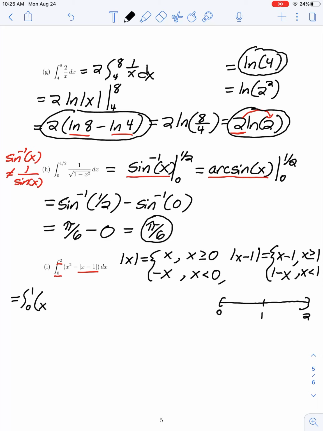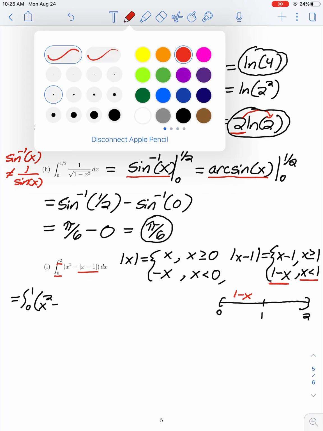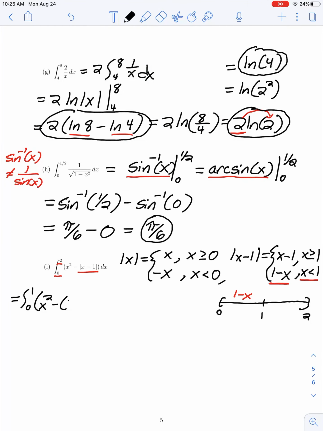and the function that we're integrating is x squared minus... well, let's think about how that absolute value is defined on 0 to 1. Here we said if x is less than 1, so on the interval from 0 to 1, this absolute value function is 1 minus x. So we have the integral of x squared minus (1 minus x) dx.